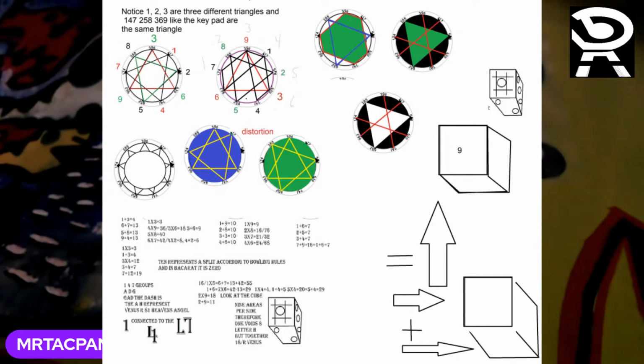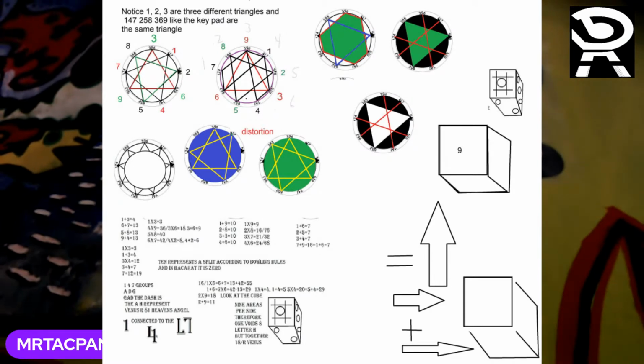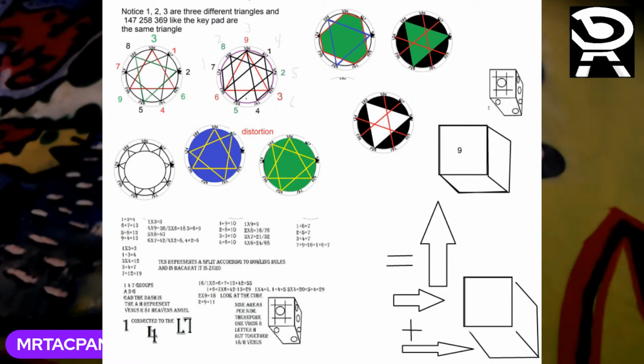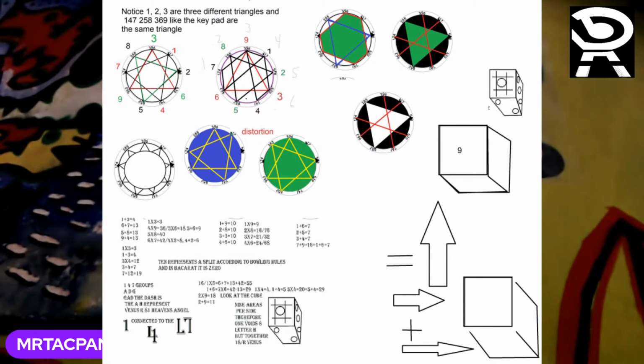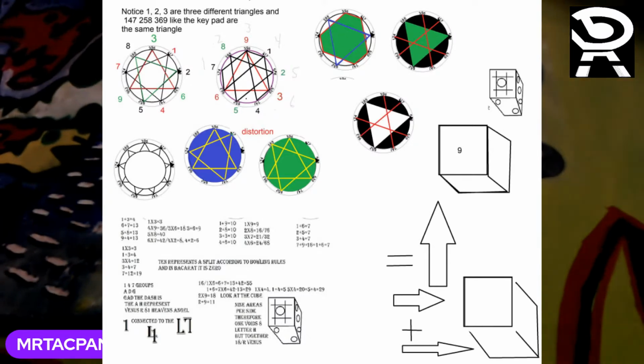If you're looking at this for the first time, I connected 369 with 369 and 147 with 147.